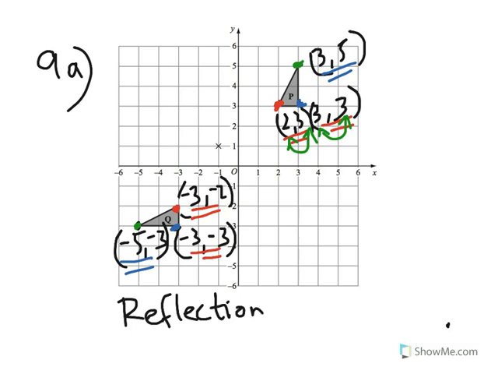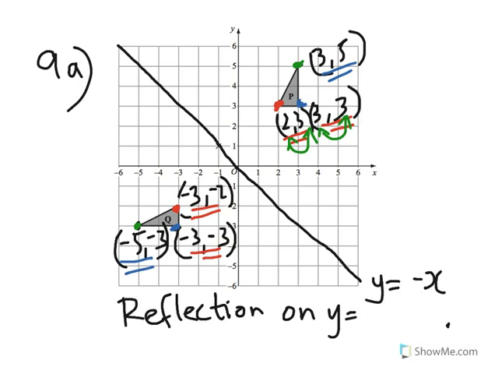If you look at both shapes, because of the switching of the x and the y, and also the sign changing from positive to negative, the line it has been reflected on should be nothing but y is equal to negative x. So it's a reflection in the line y equals negative x.